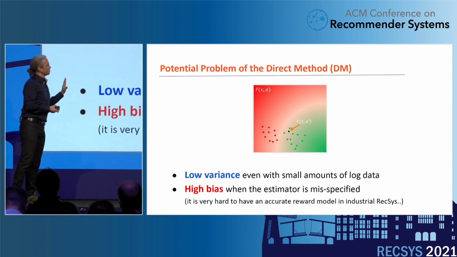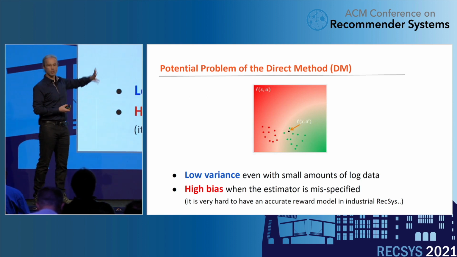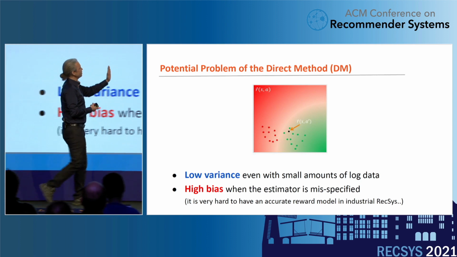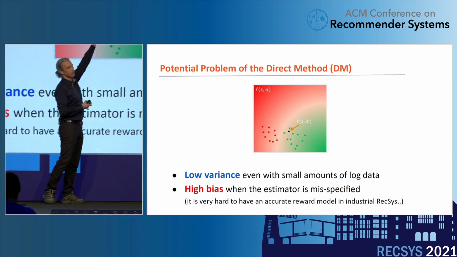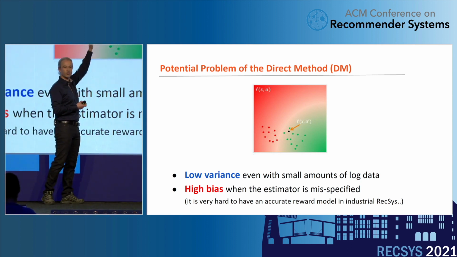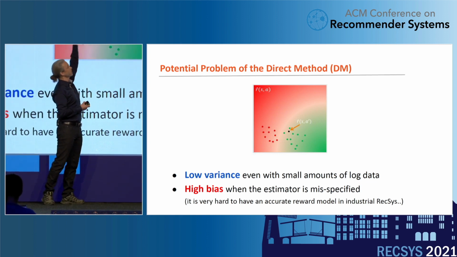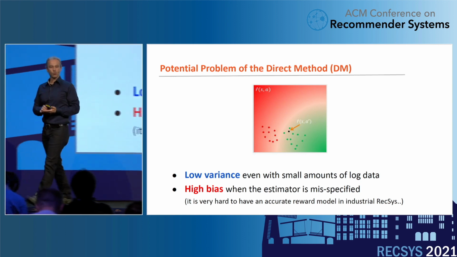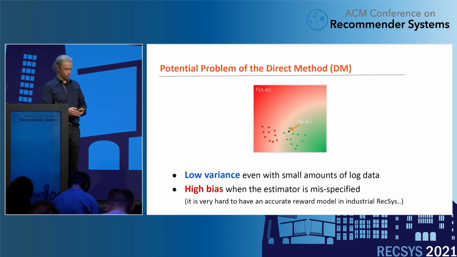But our new policy may be in these vast regions where we don't have any observations. So it really matters how our regression model extrapolates, right? Whether it takes a curve like this or a curve like that. So it's very sensitive to these kinds of issues.